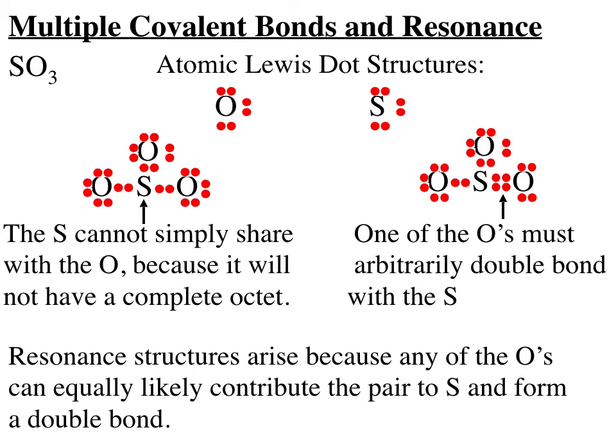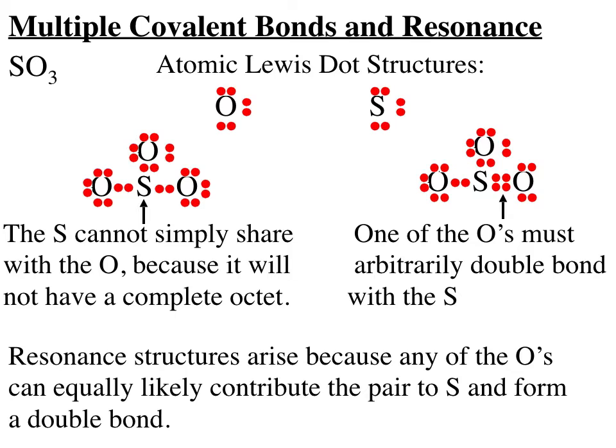Now, what empirical or experimental evidence do we have to show that there is not a single individual double bond, but that there are three simultaneous double bonds, each individually happening at a time? Well, here is the evidence that I can cite for the fact that we know this is true.